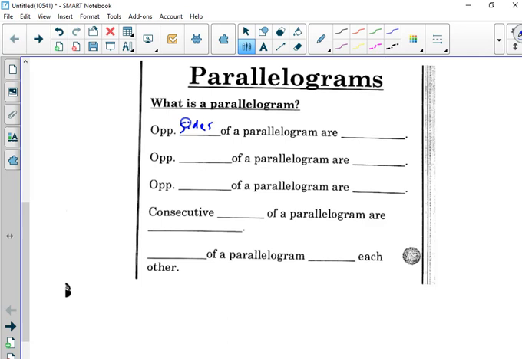Opposite sides of a parallelogram are congruent. Opposite angles of a parallelogram are congruent.